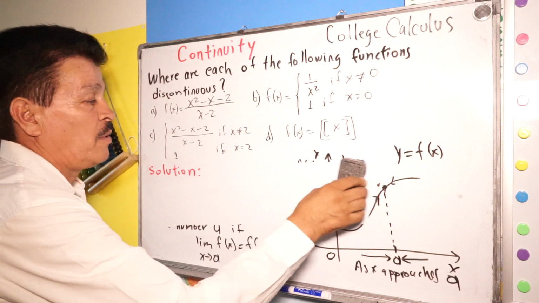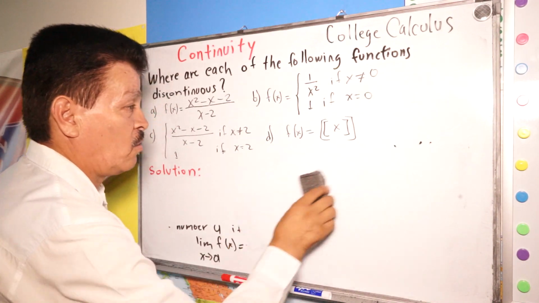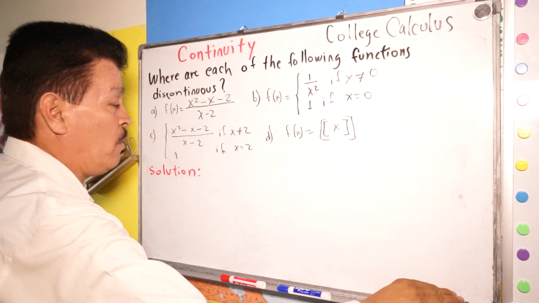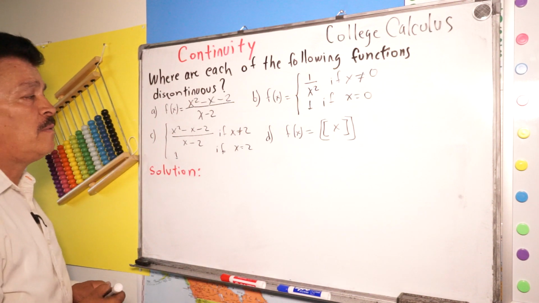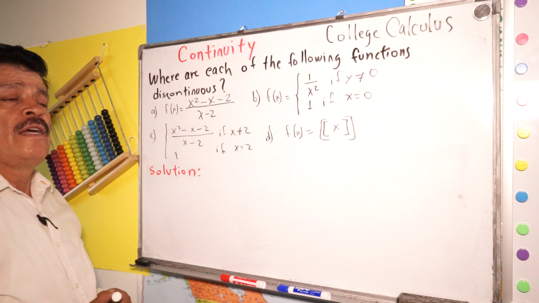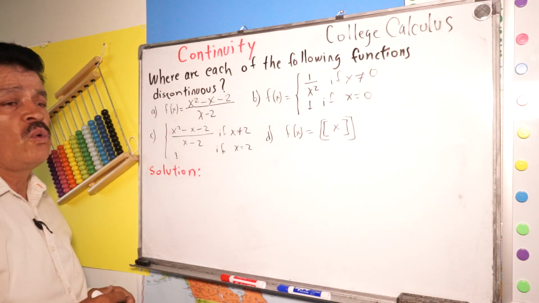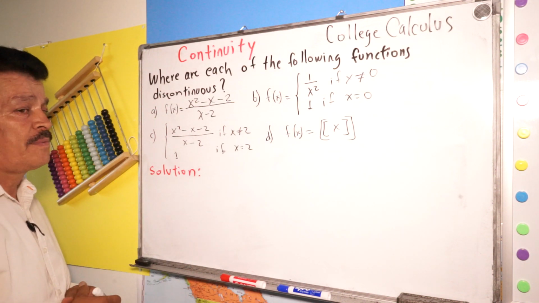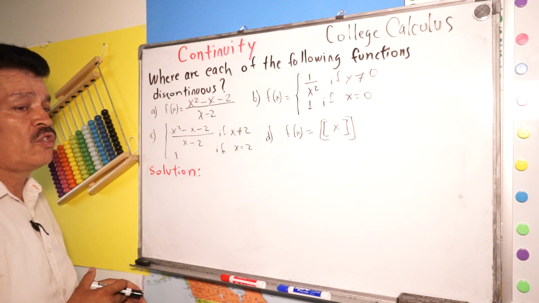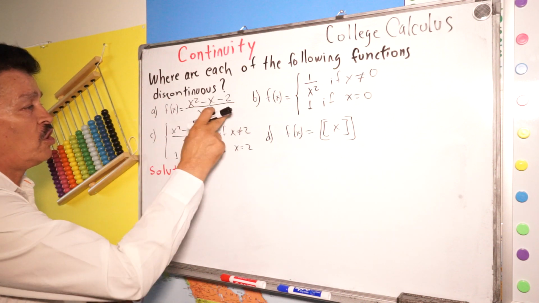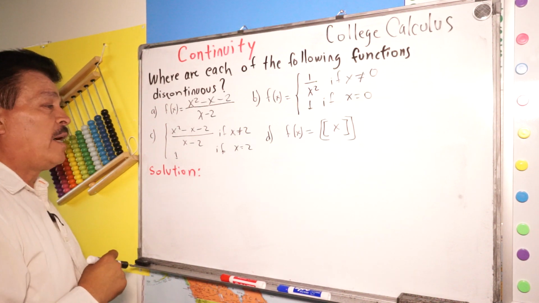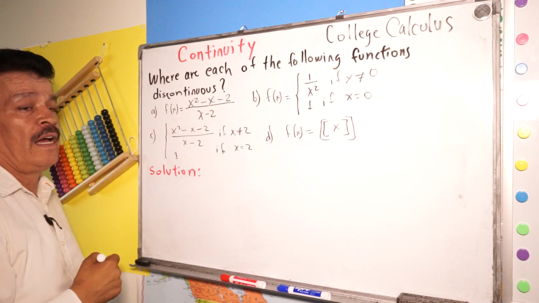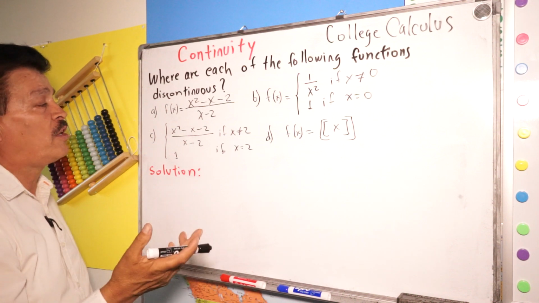Let me erase this idea and let's go to problem 8. The first one here, notice that f of 2 is not defined. So f is discontinuous here at number 2. Later we will see why. f is continuous at all other numbers.